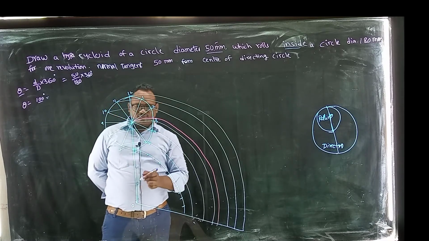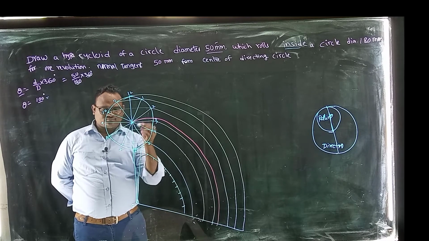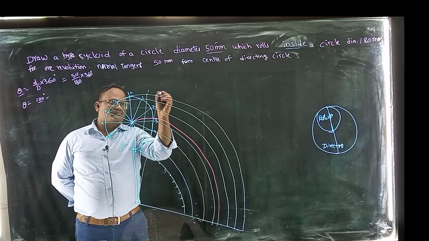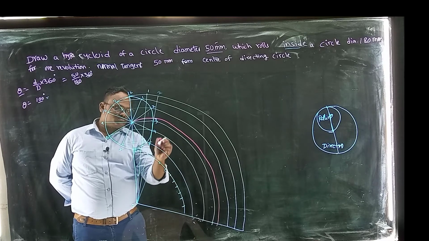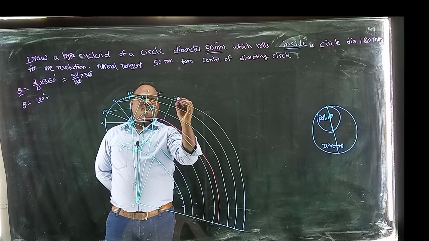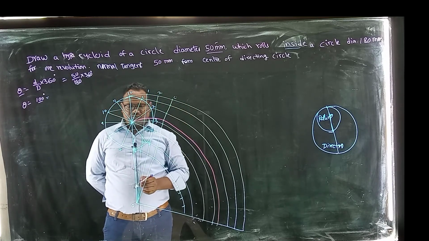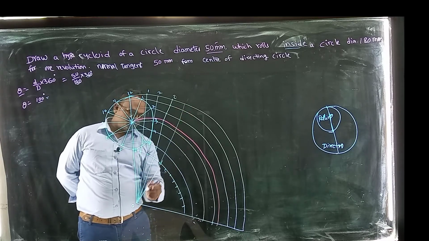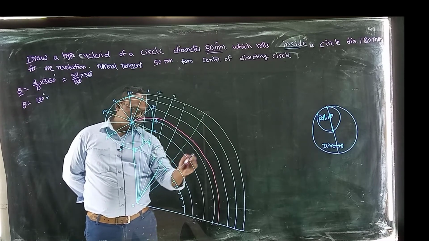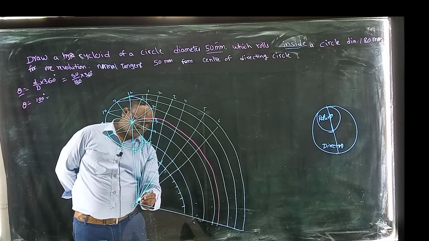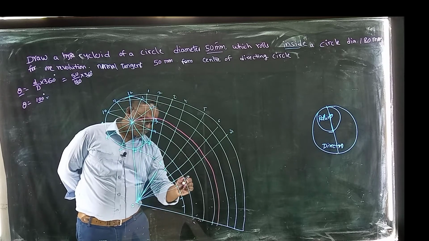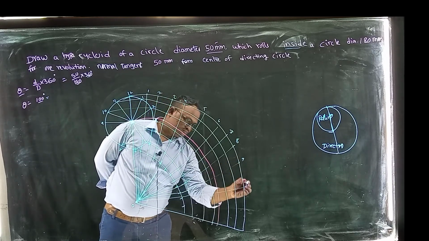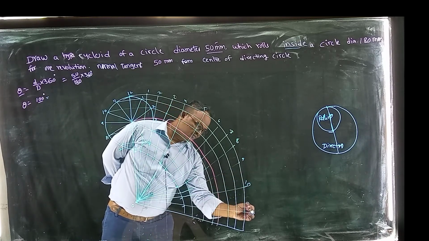This is 1, 2, 3, 4, 5, 6, 7, 8, 9, 10, 11, and this is 12.